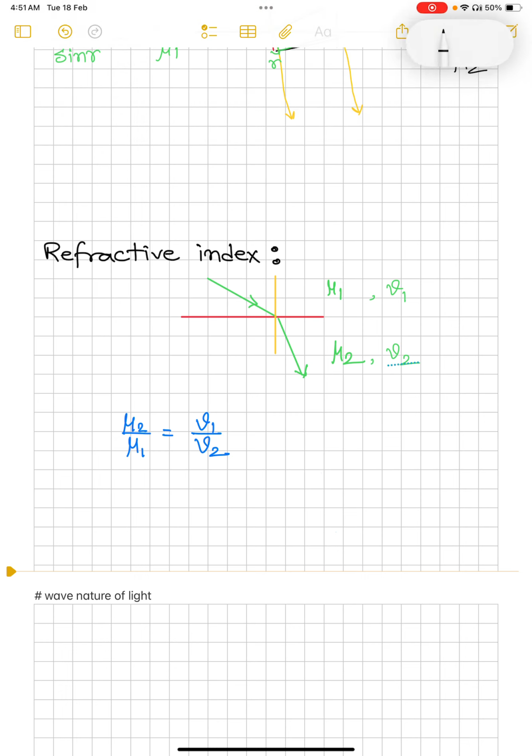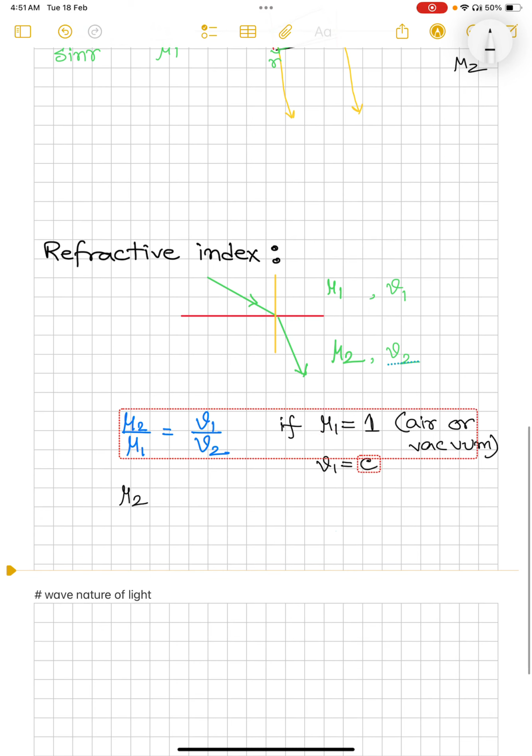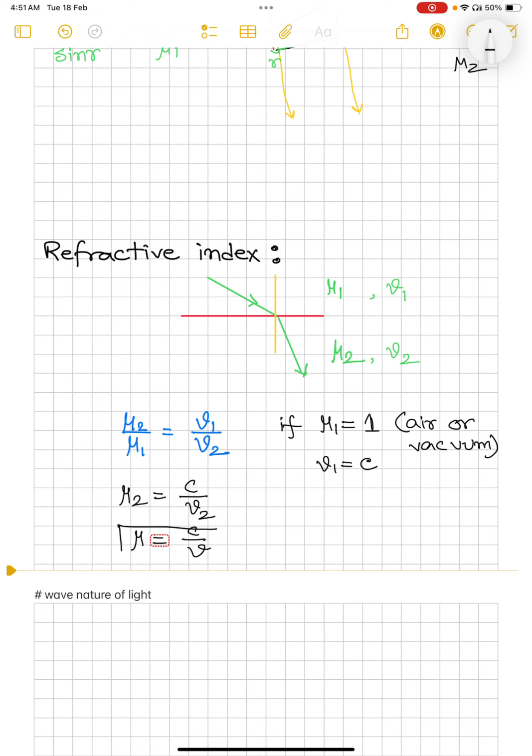These definitions often come: if mu1 equals 1, that is air or vacuum, then of course v1 will be equal to c, the velocity of light. Then mu2 will be equal to c by v2, or we can write mu equals c by v. So this is the definition of the refractive index of light.